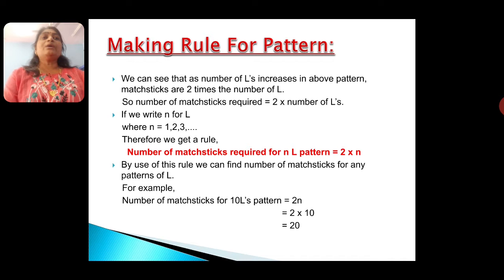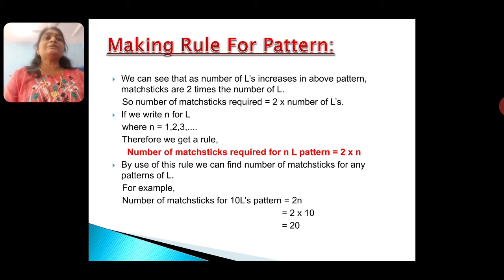Now, making rule for patterns. We can make a general rule for patterns. We can see that as number of L's increases in the above pattern, matchsticks increase by 2 times the number of L. So, number of matchsticks required is equal to 2 into number of L's. If we write N for L, where N is equal to 1, 2, 3 and so on, we get a common rule.